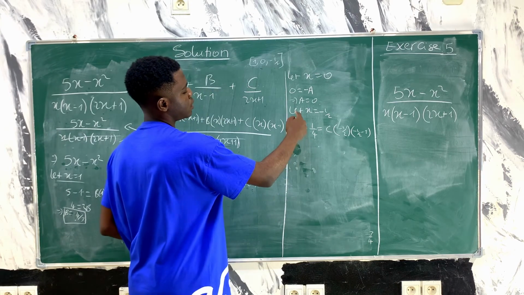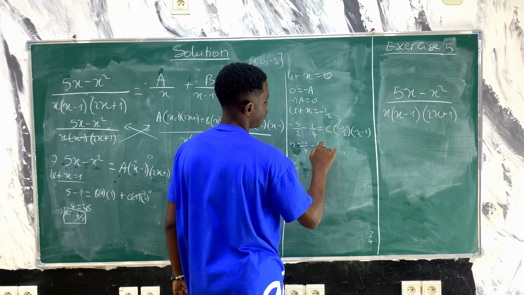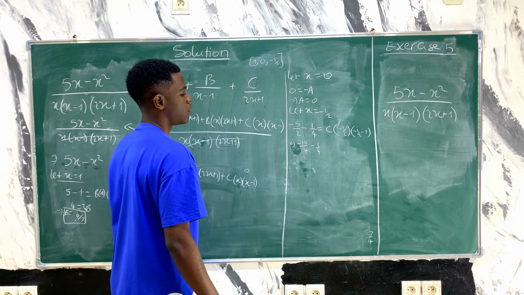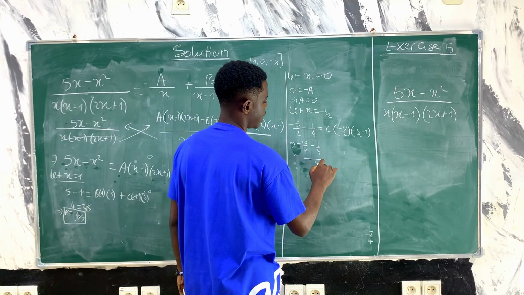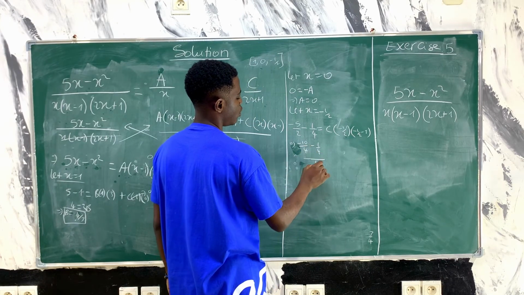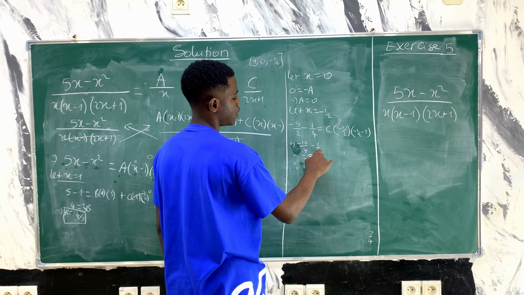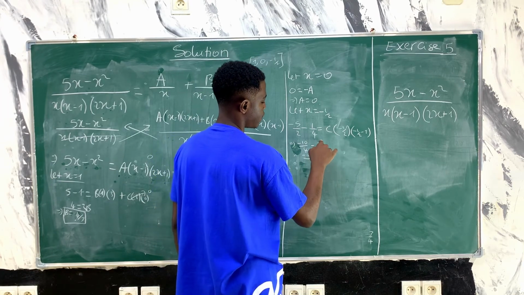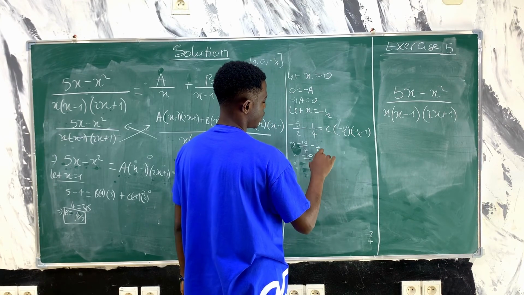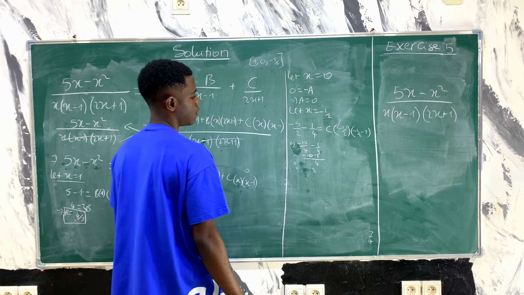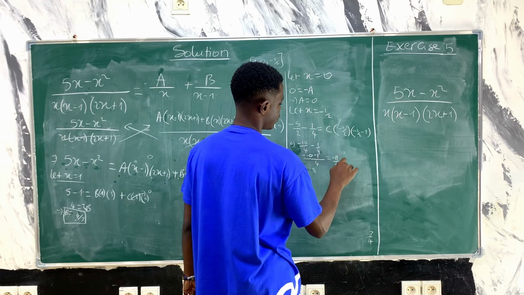If I multiply this side up and down by 2, I'll have minus 10 on 4 minus 1 on 4. When I have the same denominator, I can do my LCM. 4 divided by 4 is 1, 1 times minus 10 is minus 10. Minus 4 divided by 4 is 1, 1 times 1 is 1. I'll have minus 11 on 4.